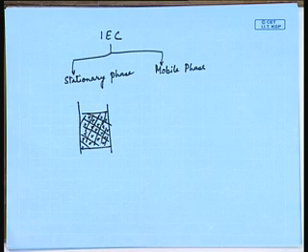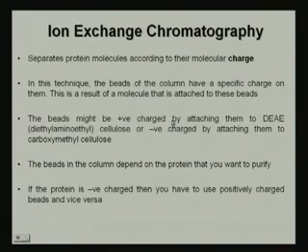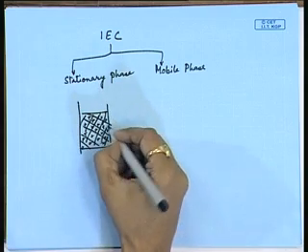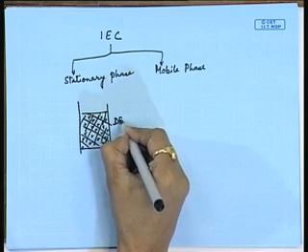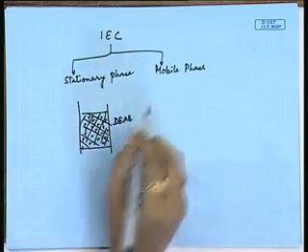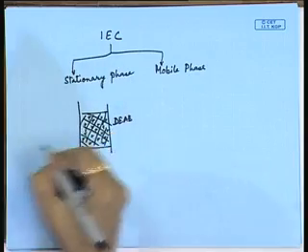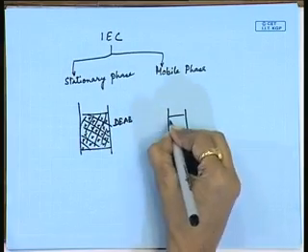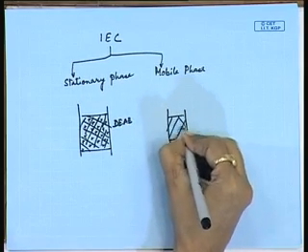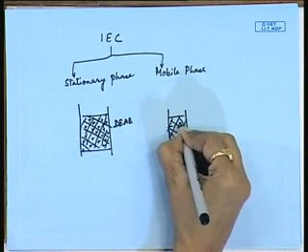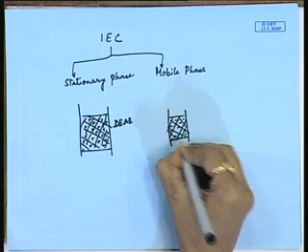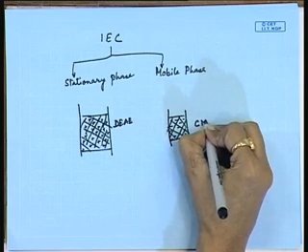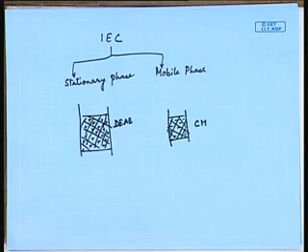The beads might be positively charged by attaching DEAE, that means diethyl aminoethyl. Or if the matrix is negatively charged, then in this particular matrix a carboxymethyl group is attached.